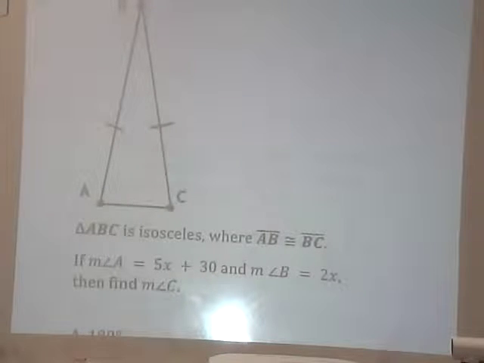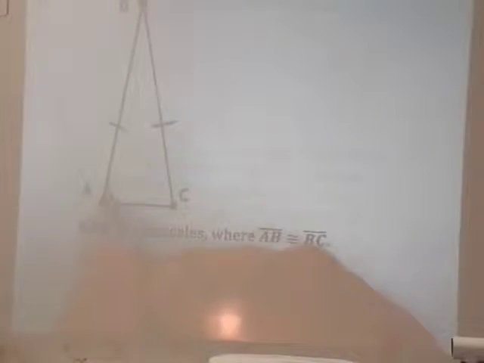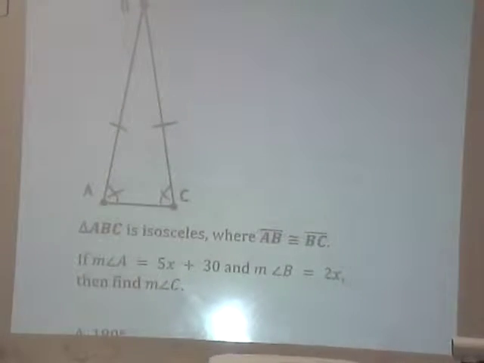Which two? What do we call those two angles? Base angles, good. Okay, so this angle has to be congruent to this angle. They're called base angles.